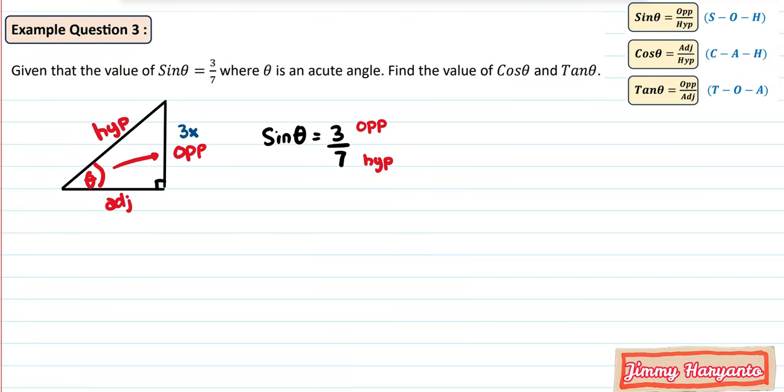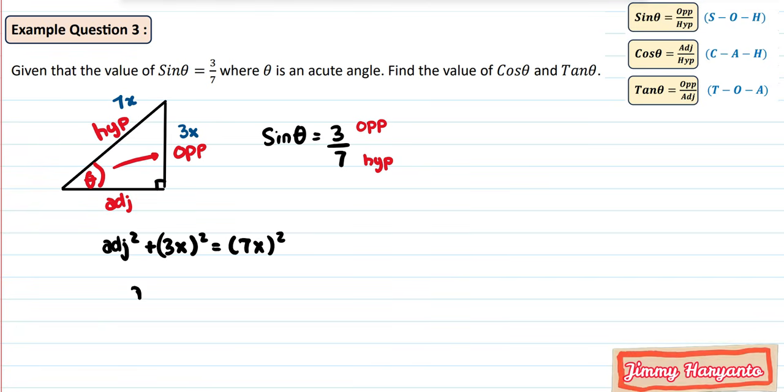So I let it be 3x and the hypotenuse 7x. Then I want to find the adjacent using Pythagoras theorem. So we have adjacent squared plus 3x squared equals 7x squared. So the adjacent squared plus 9x squared equals 49x squared.